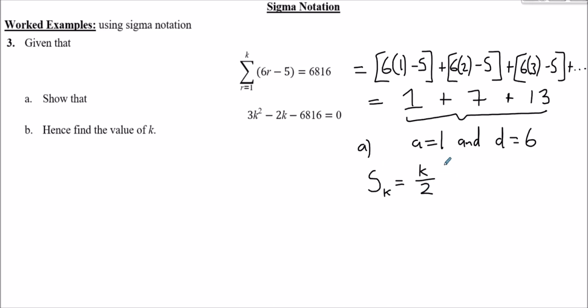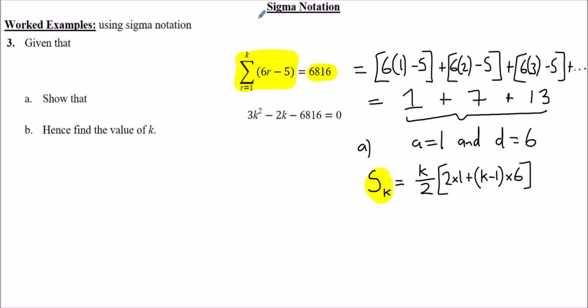And then we're going to have 2 lots of the first term, so 2 times 1, plus the number of terms minus 1, number of terms is k, so that's k minus 1, multiplied by the common difference, which is 6. And we're told that that sum of the first k terms is 6,816.